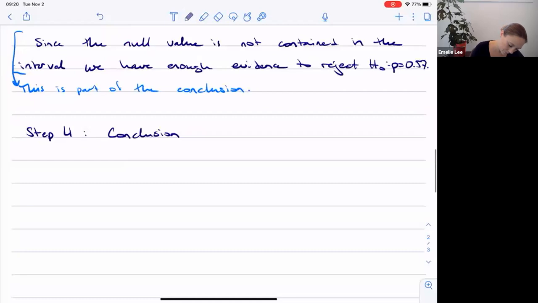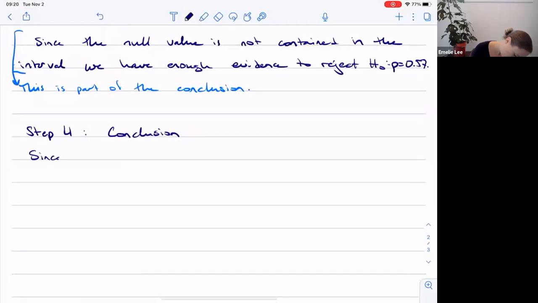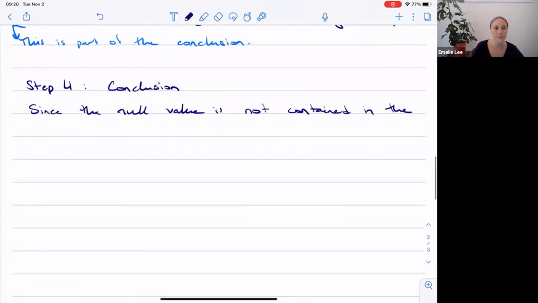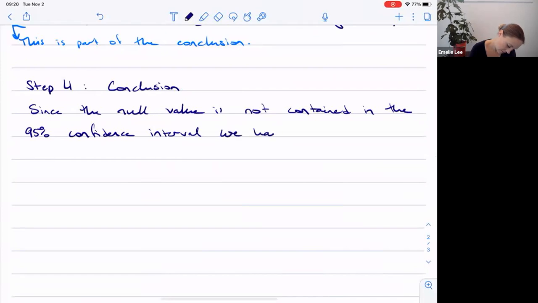And so since the null value is not contained in the, let's show off a little bit, 95% confidence interval, we have enough evidence to reject H naught.